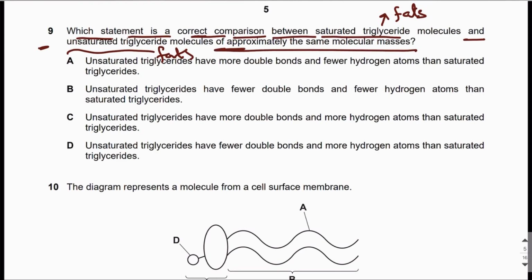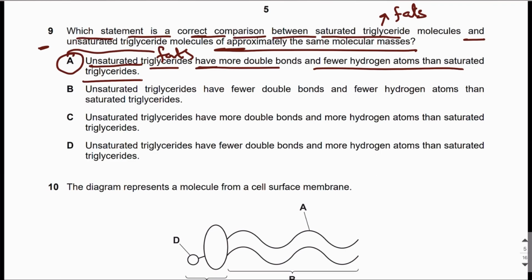So unsaturated triglycerides or fats have more double bonds. This is true. Unsaturated triglycerides have more double bonds as compared to the saturated fats, and fewer hydrogen atoms than saturated triglycerides. This is true, guys.